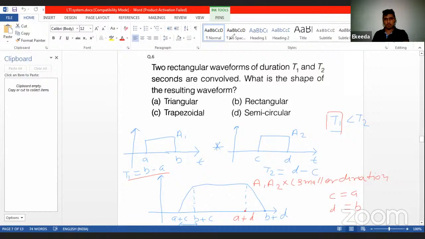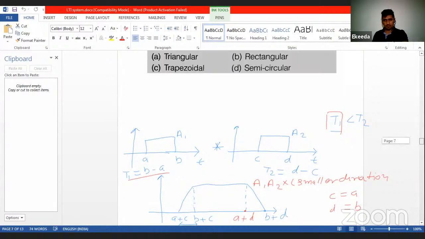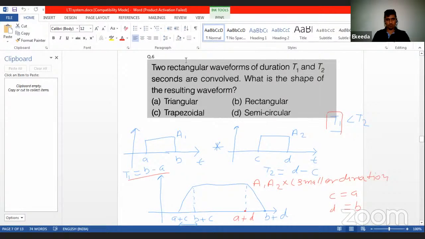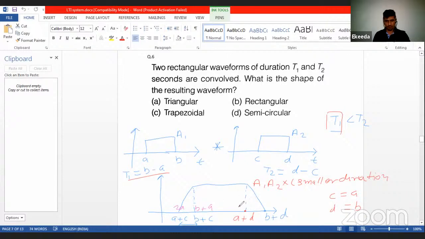In that case, what will happen? This will be equal to A plus A, this will be 2A, and this will be B plus A, and this will be A plus B, and this will be 2B.